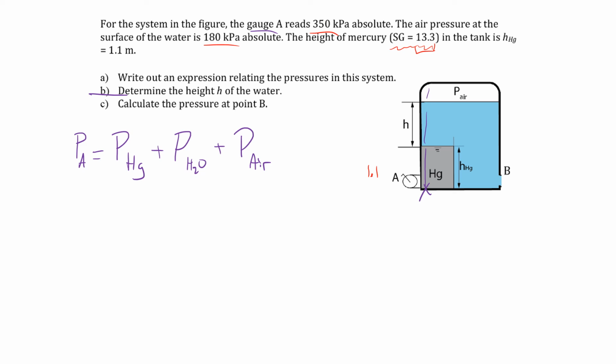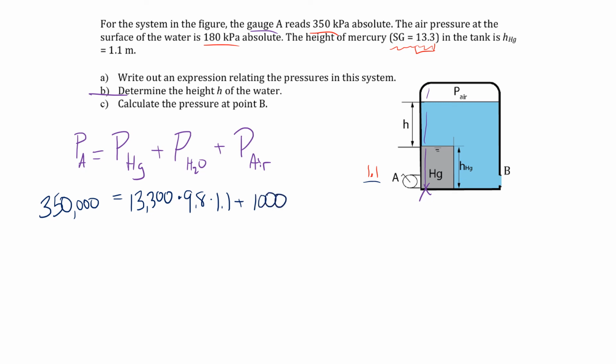PA, I know what PA is. PA is 350,000, and that's going to equal the pressure of the mercury. So I'm going to have a rho. The density of the mercury is 13.3 times water, so it's going to be 13,300 because it's really dense, times G, which is 9.8, times H, which is 1.1, plus the pressure of the water. I know what the density is.